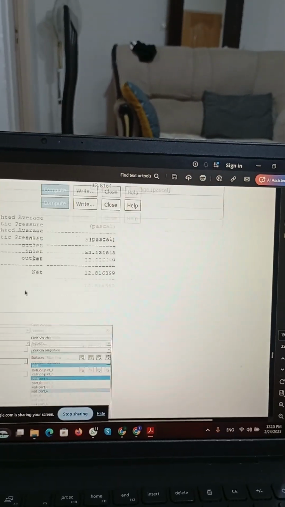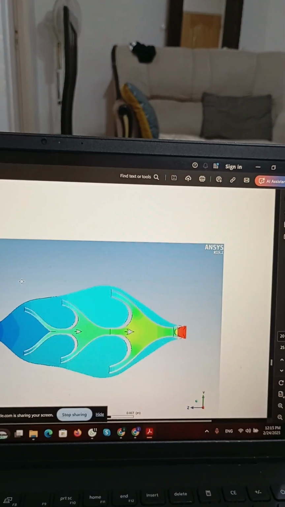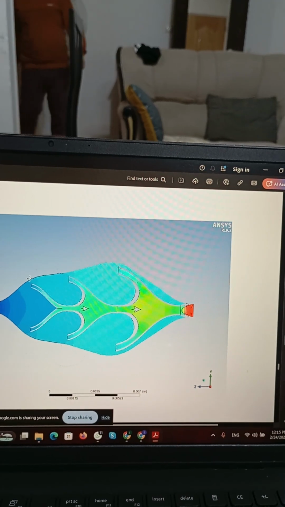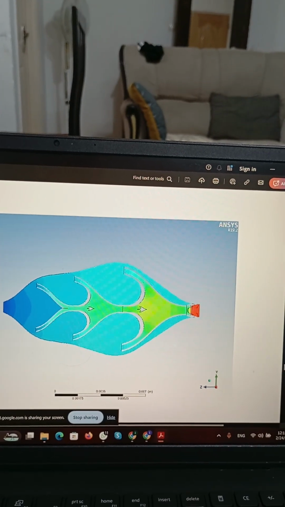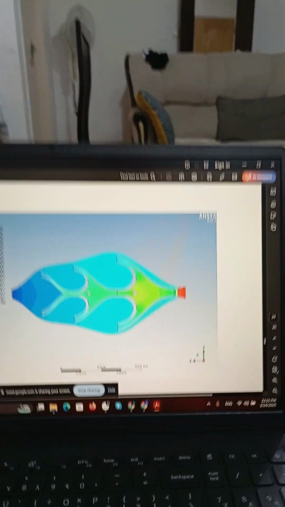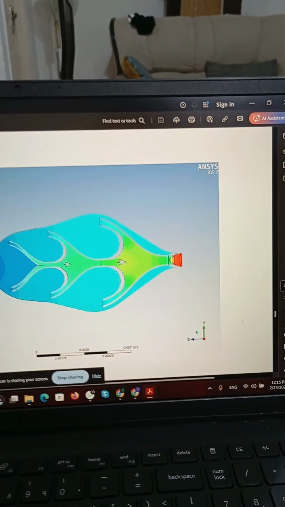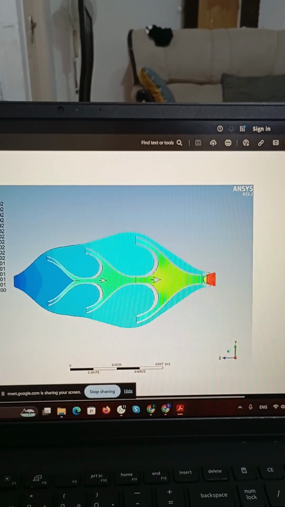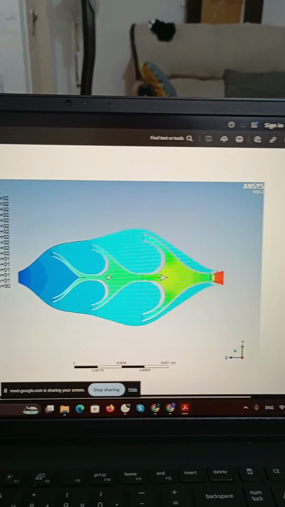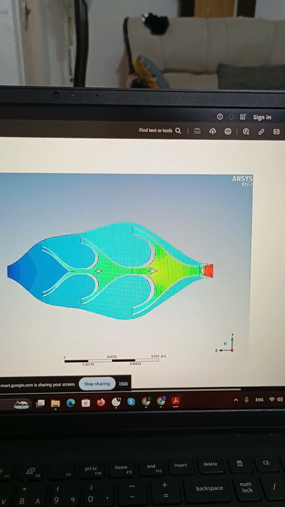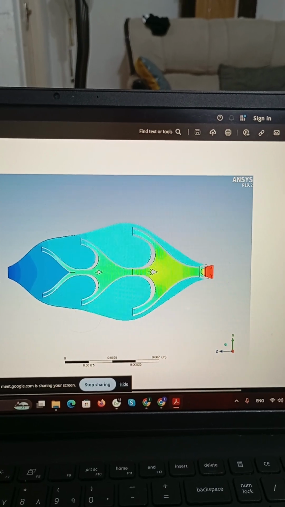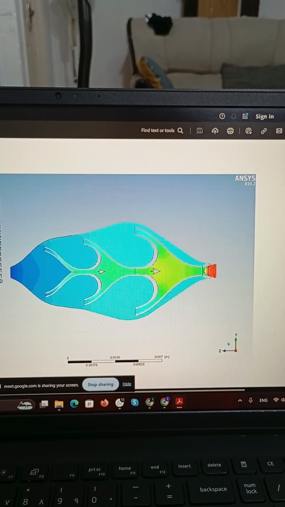For the first one, the pressure is here, it is 98.61, and in the reverse direction, the pressure is here.